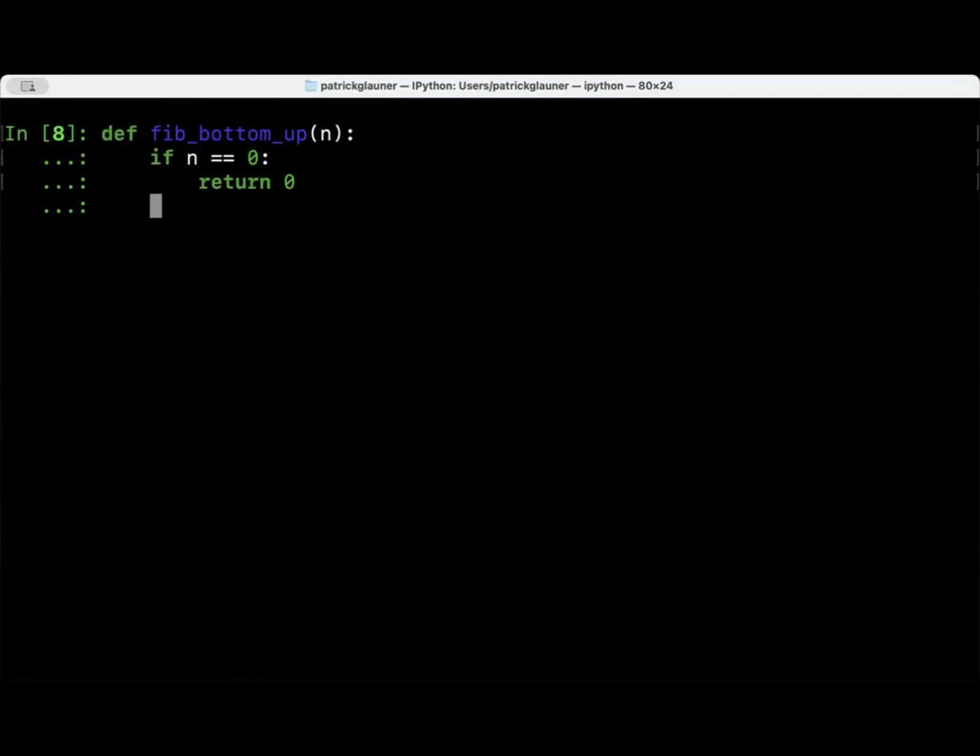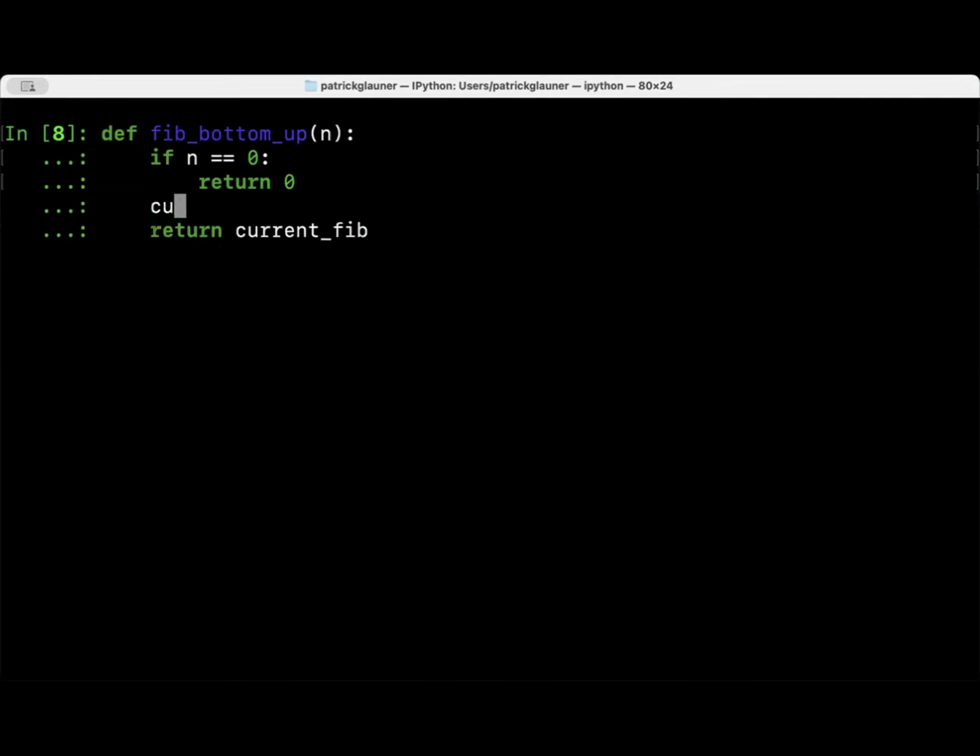And otherwise, I need to do something to get from 0 to n. And eventually, I build a current Fibonacci number that I will now incrementally compute. And I will then compose it and eventually return it.